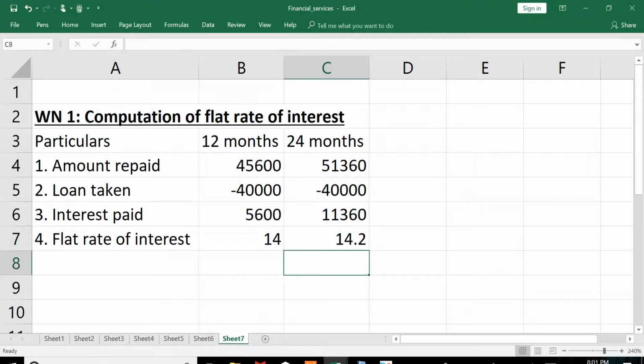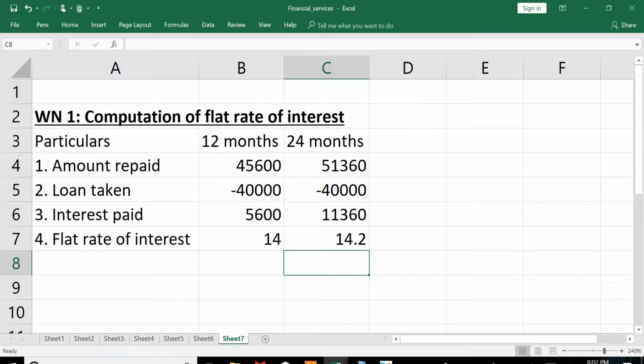So in one case we pay 14%, in the second case we pay 14.2%. Clear?